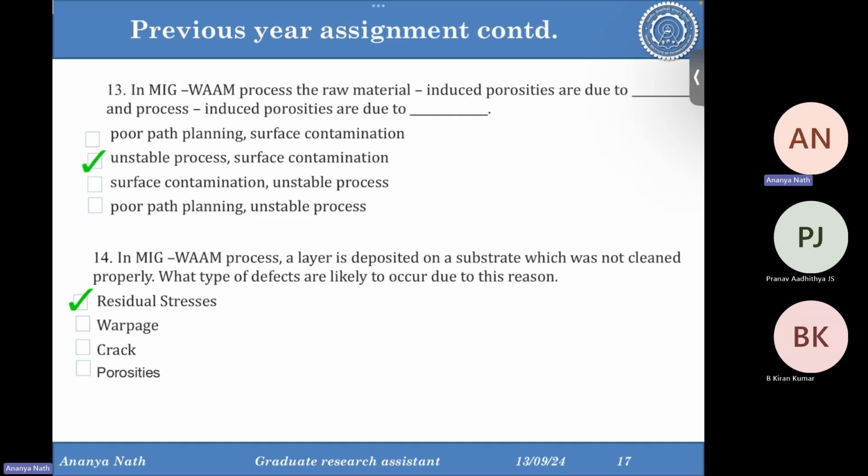No. Raw material induced porosity and process induced porosity. Raw material can cause surface contamination and process can cause instability, so it should be the opposite. You should be right, but my answer is not matching with yours. Maybe you can check with your quiz, but this was the given answer last year. Okay.